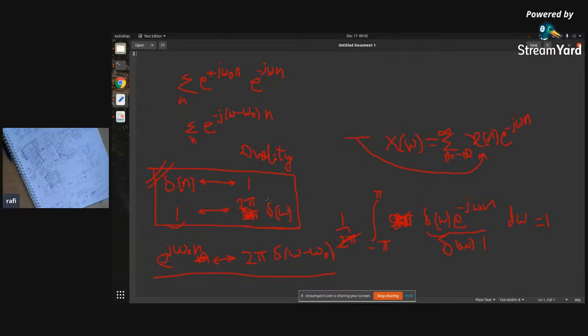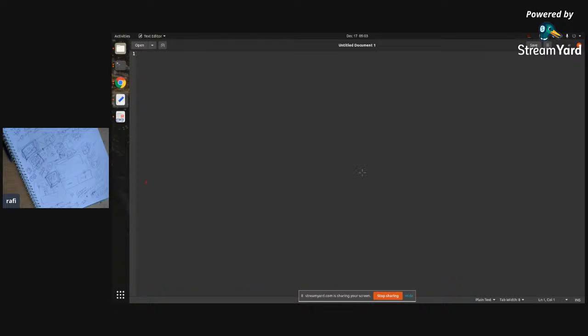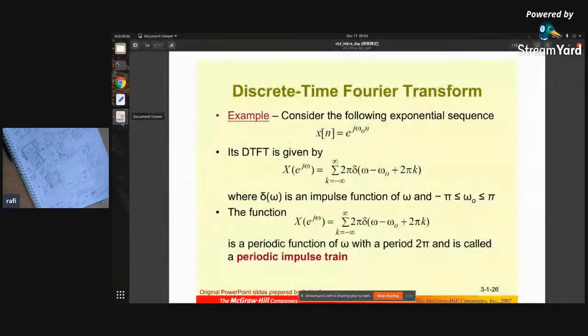The inverse Fourier transform of 2 pi into delta of omega is 1. That means x of n is 1; this comes under the duality property also. We will see what the duality property is later.